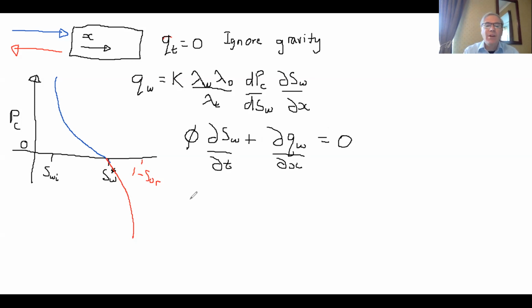Okay, so we can write this equation as follows. And we assume that the porosity and permeability are constant. You can write this as dS by dt equals d by dx of some quantity which I'm going to call D, and it's a highly nonlinear function of saturation.